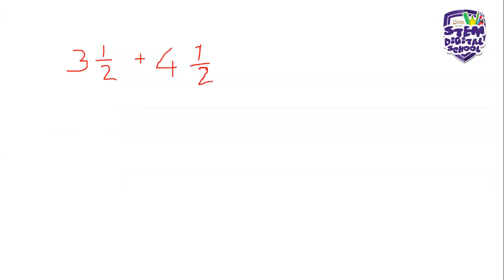Let us try and get this answer. Let me give you guys a minute to do this on your own. And then we're going to also look at subtraction and then do an exercise.